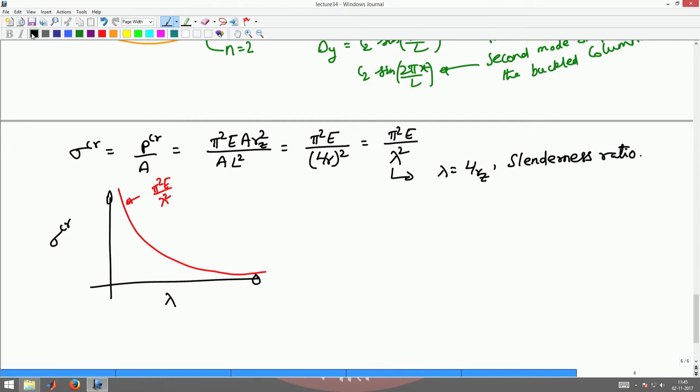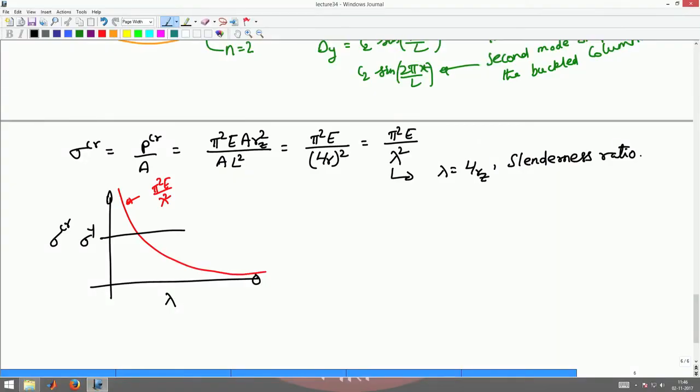Now, you know that if the material were to compress, the critical load cannot exceed the yield strength of the material. So, if I mark the yield strength of the material by this line sigma y, then if I apply a load on a stout column, or on a column where the slenderness ratio is very small, it is going to get compressed and fail by yielding, or by the failure theory that governs compressive failure, rather than by slenderness, by deforming laterally.